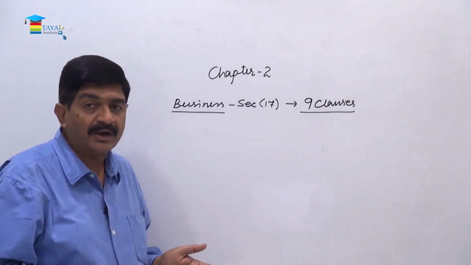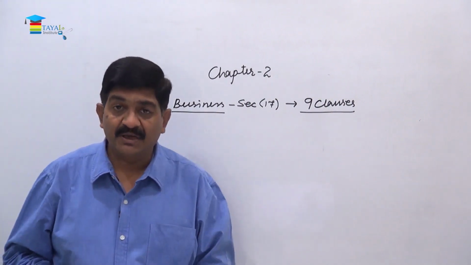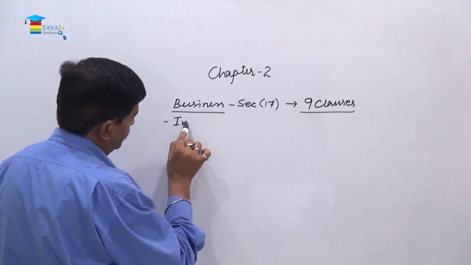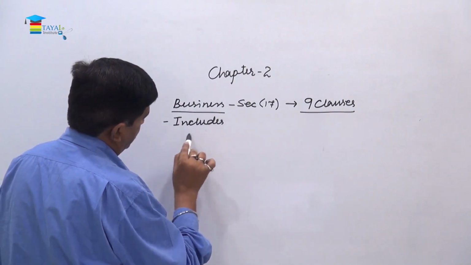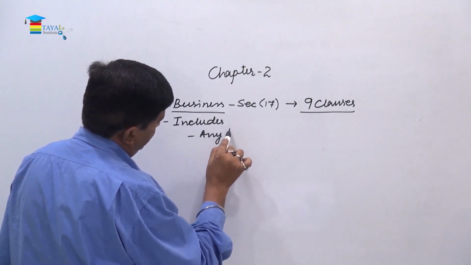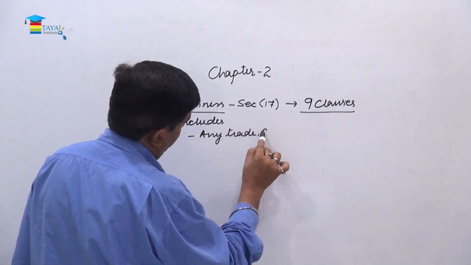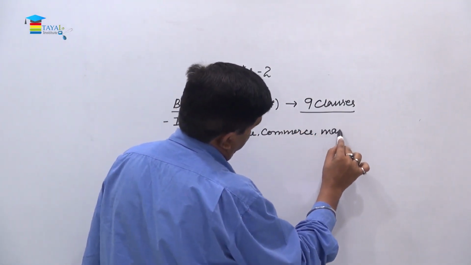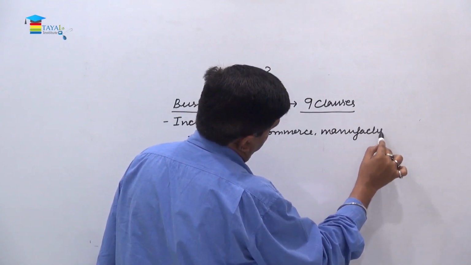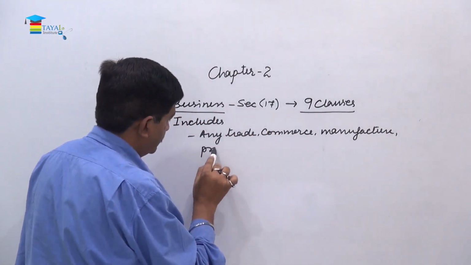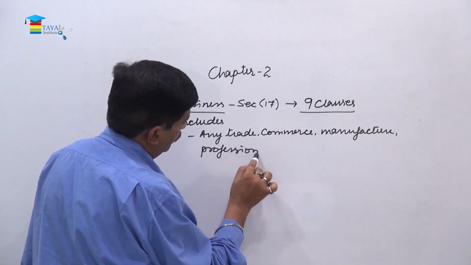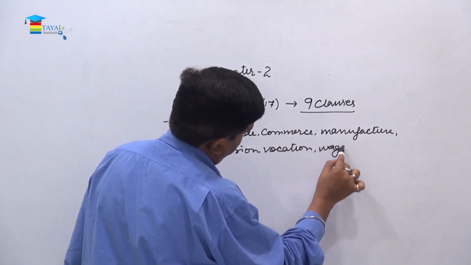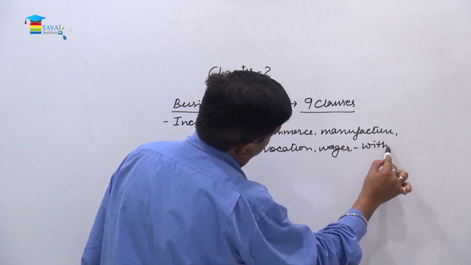Here I am not going to write all 9 because you can read the definition in the material, but what I am going to tell you is the definition includes any trade, commerce, manufacture, profession, vocation, wager, and this is with or without consideration.